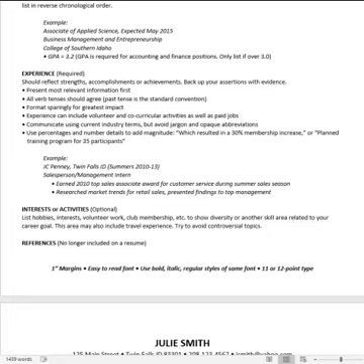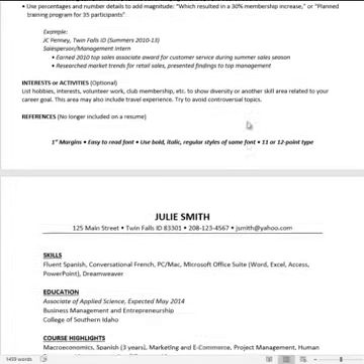Use bold, italic, regular, bullet points, different things to be able to showcase information well. Make sure your type font is 11 or 12 point, except for your header, your name, that can be 18 point. Let's look at an example.